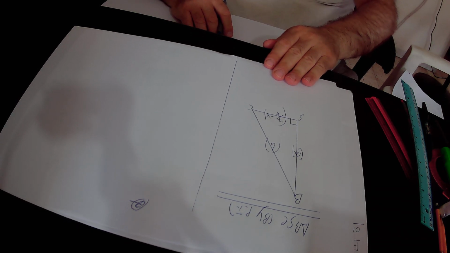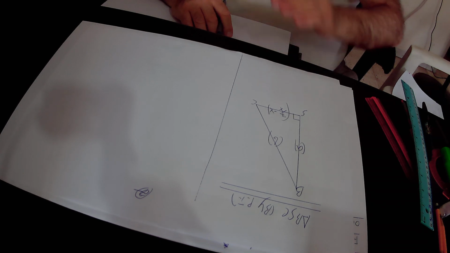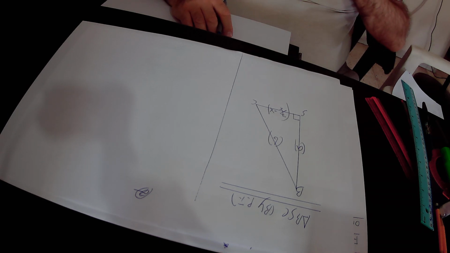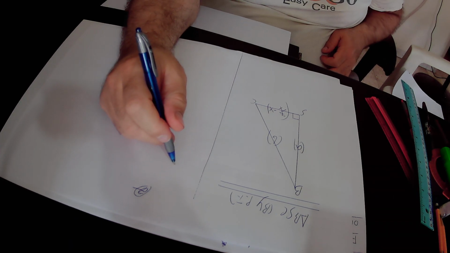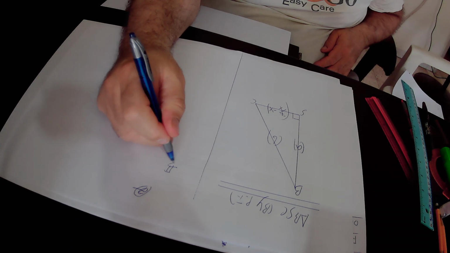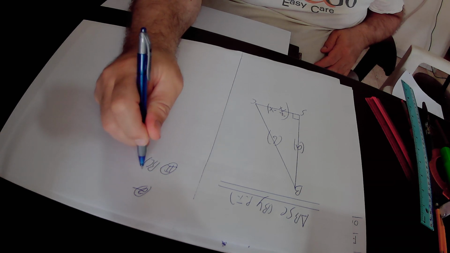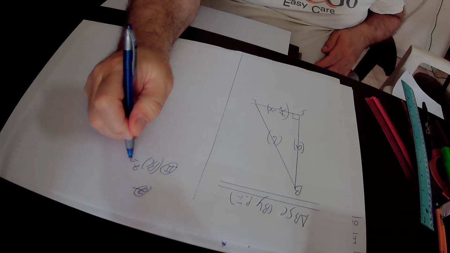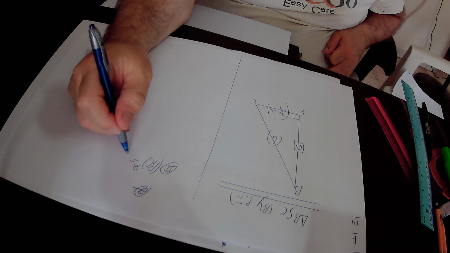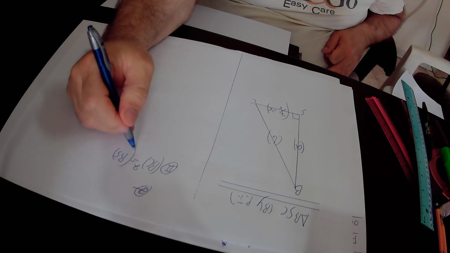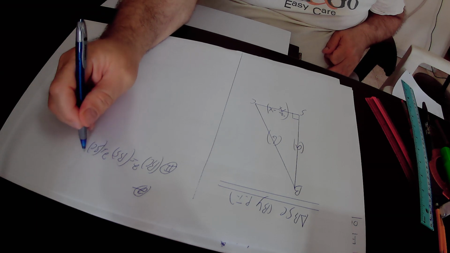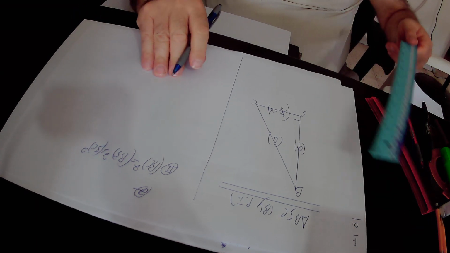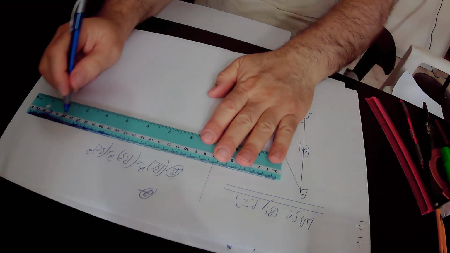According to the Pythagoras theorem, in this right triangle BSC, BC squared, that is the square of the hypotenuse, equals BS squared plus SC squared. This is equation 2.